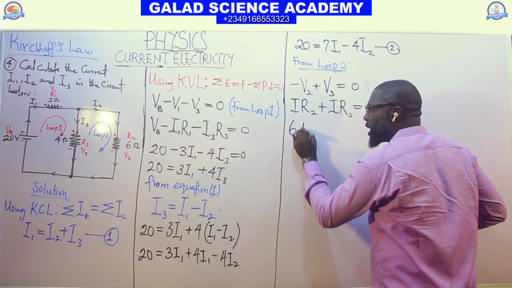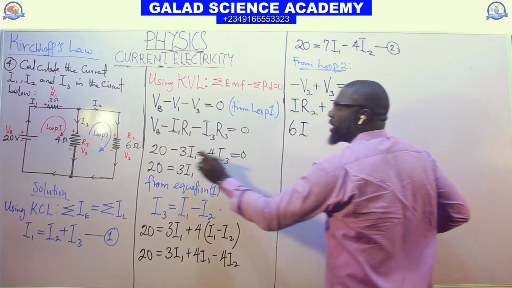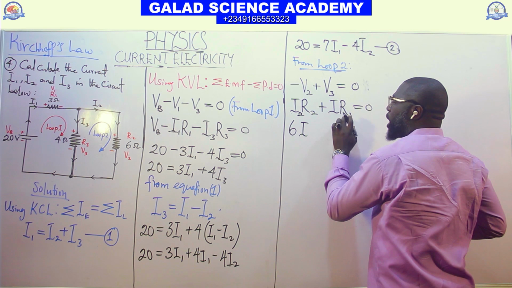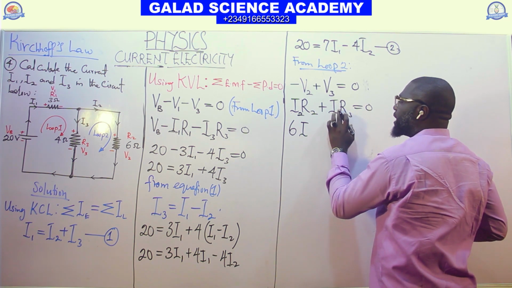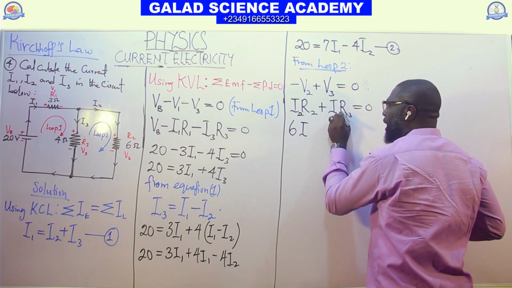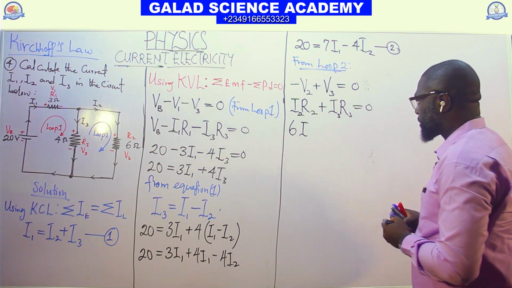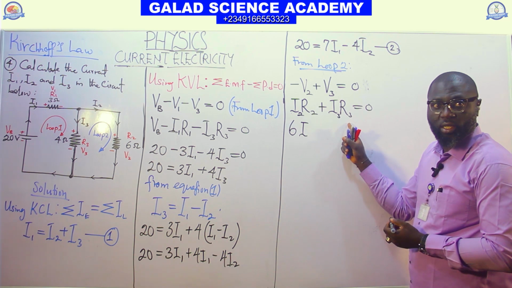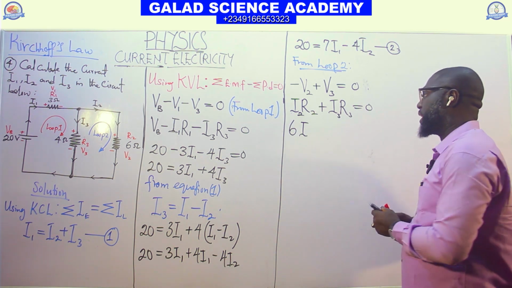We have 6, the current of I2 is R2. The current of I3 is also I3.